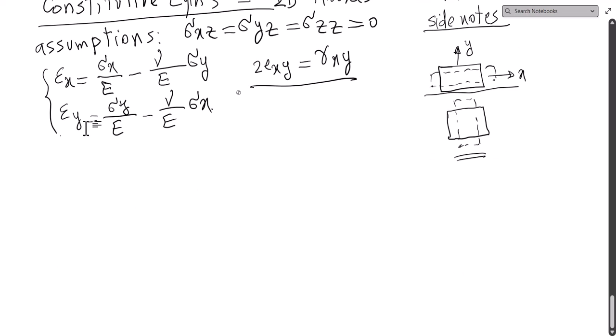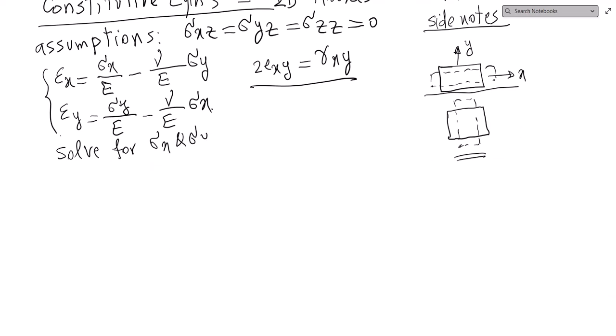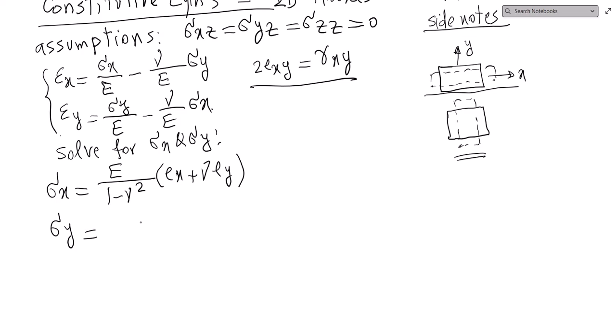Now, if you come here and eliminate, actually solve for sigma x and sigma y, you get sigma x is equal to E divided by 1 minus mu square, times Ex plus mu Ey, and sigma y is the same ratio here, coefficient, at Ey plus mu Ex.